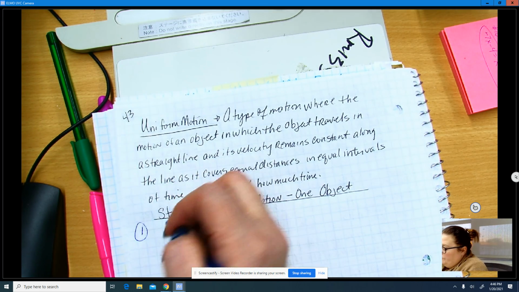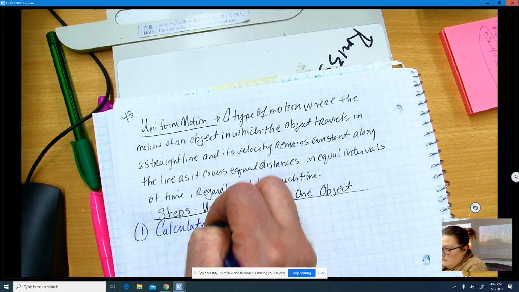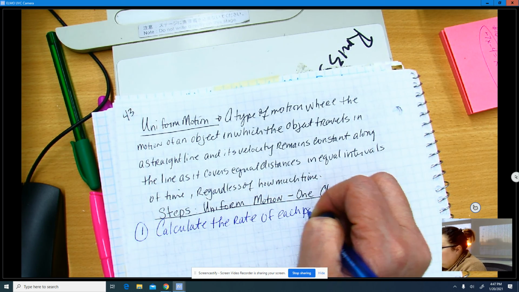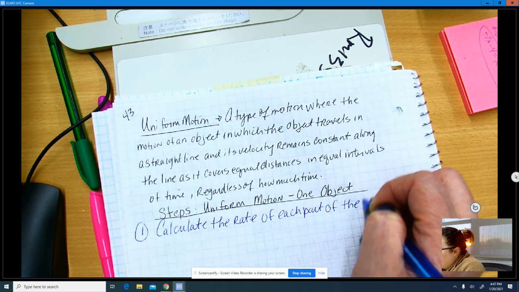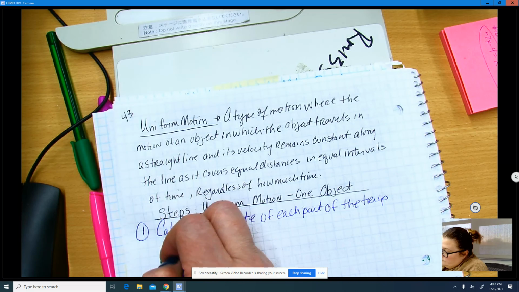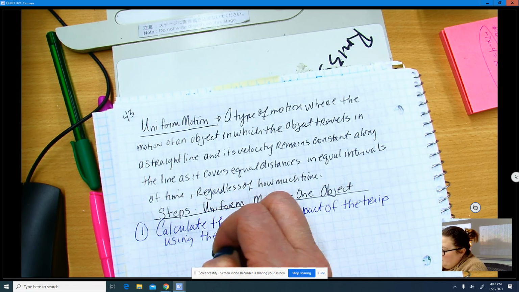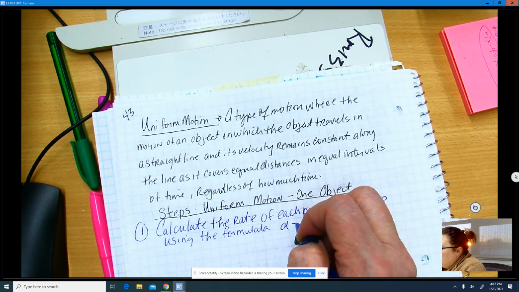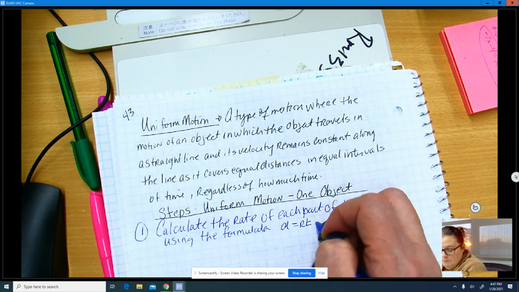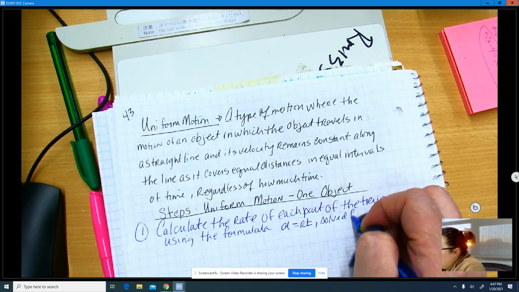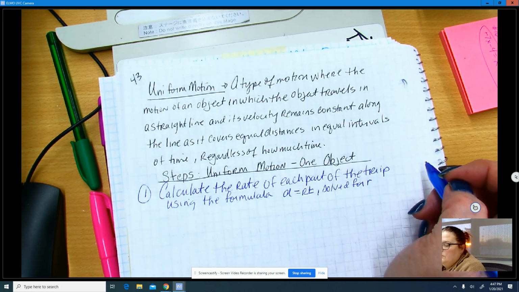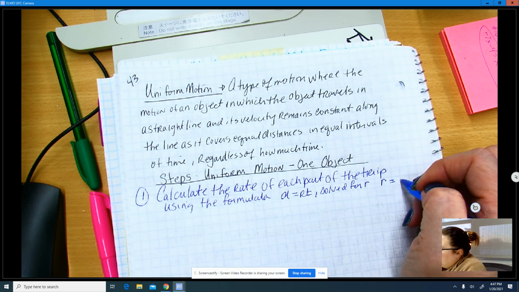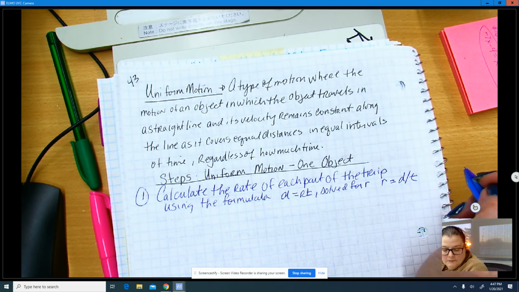So number 1, calculate the rate of each part of the trip using the formula D equals RT, distance equals rate times time, solved for R. So we learned with literal equations we could solve for R. And if we solve this for R would equal distance divided by time, or d divided by t.